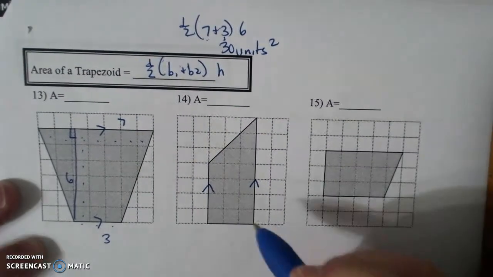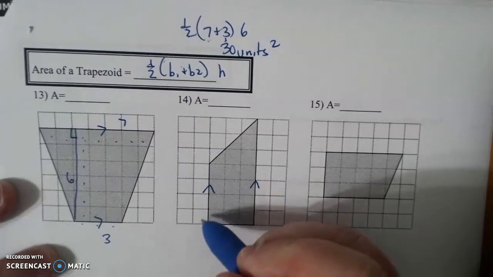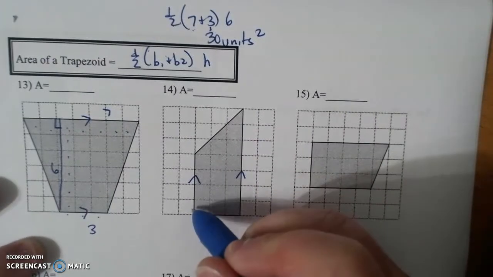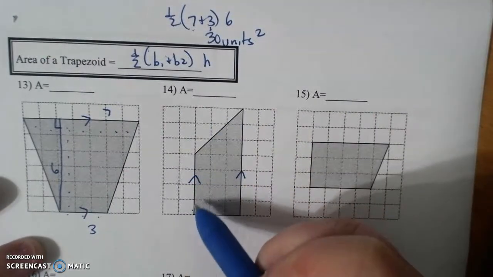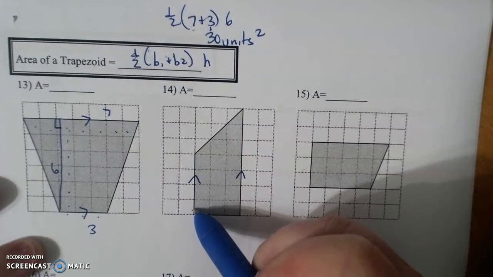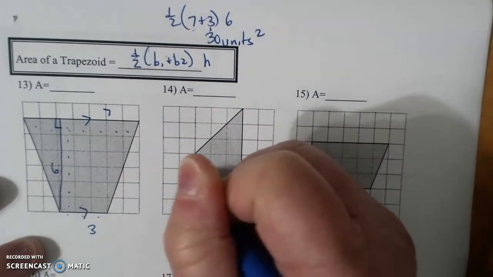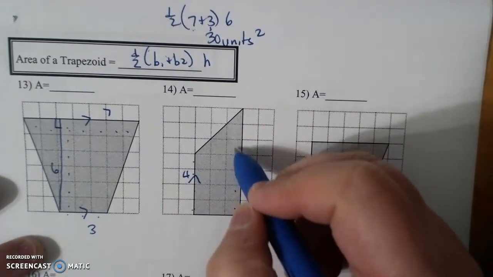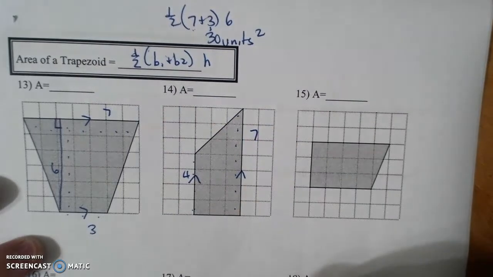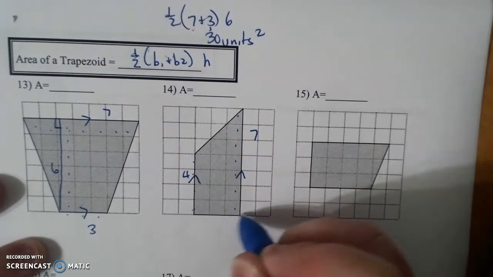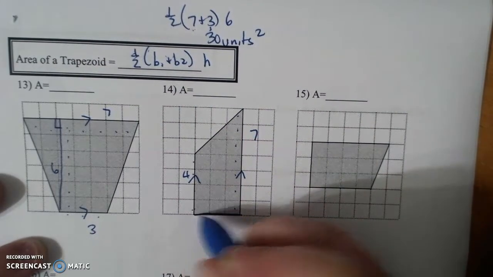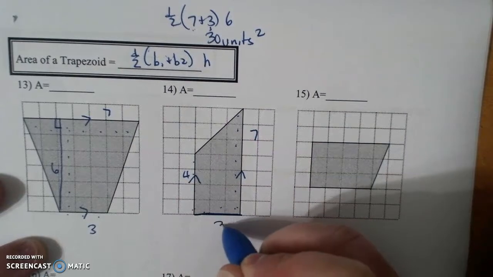Okay, next one. It's the average of the bases. When I take an average of two things, I add them up and divide by the number. So 1, 2, 3, 4, that's 4. 1, 2, 3, 4, 5, 6, 7. And then the height is perpendicular, so I can use that as the height. 1, 2, 3.